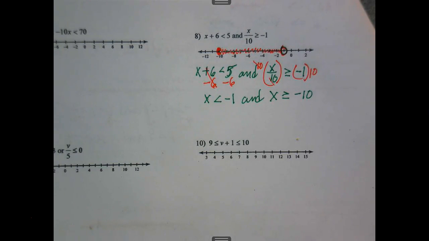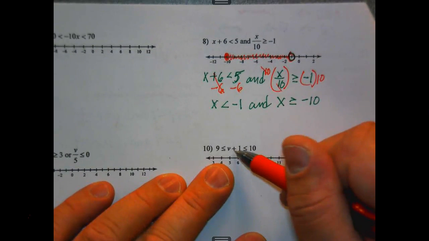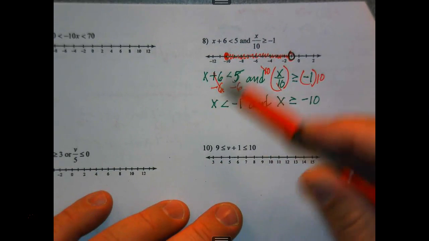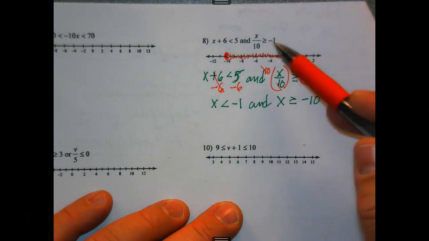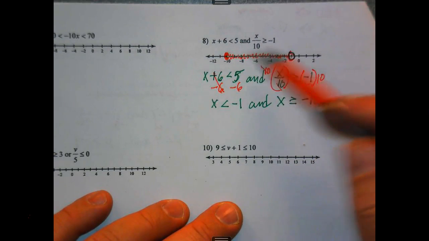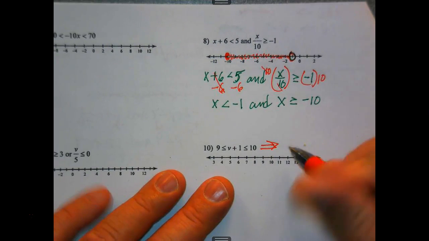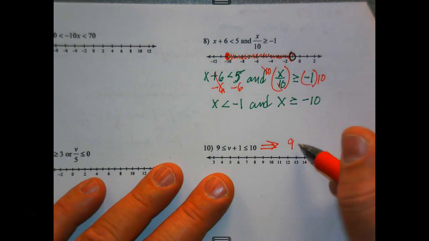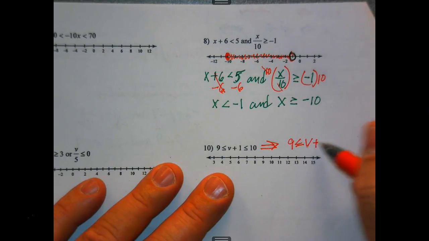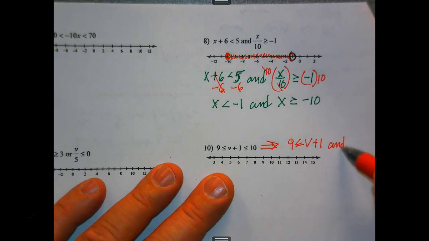It's an and problem, so shade in between. Now, number 10 is actually an and problem. What they did was they condensed it. Since they're using the same term, v plus 1, for both inequalities, they just condensed it. In other words, what this really means is 9 is less than or equal to v plus 1 and v plus 1 is less than or equal to 10.